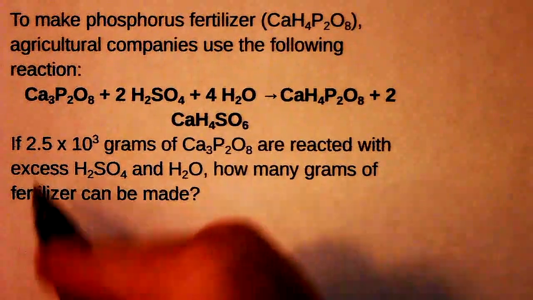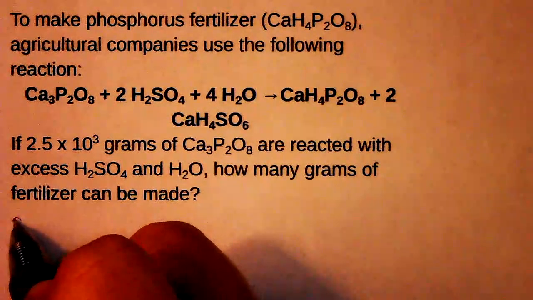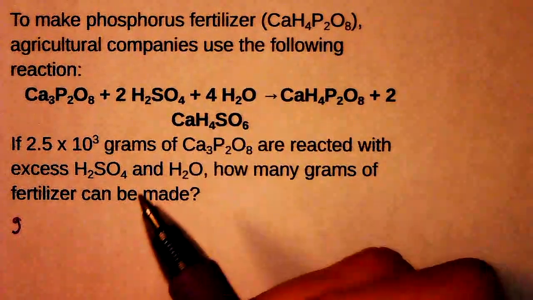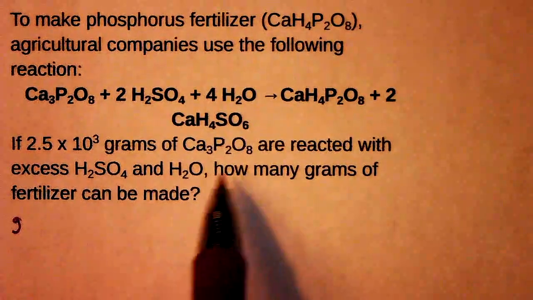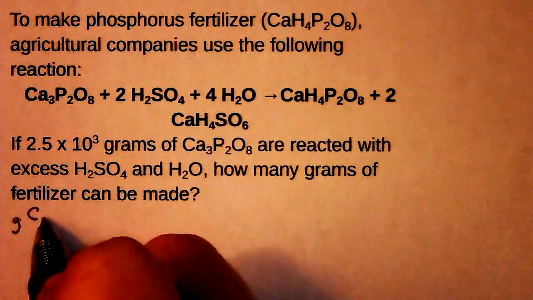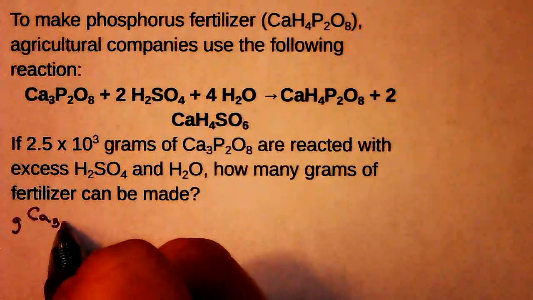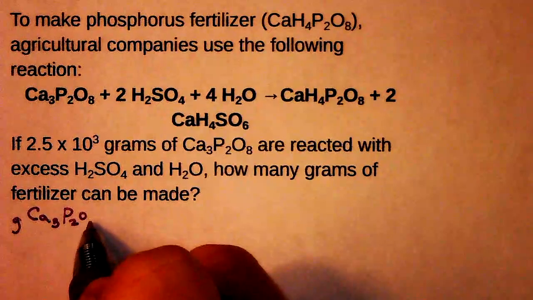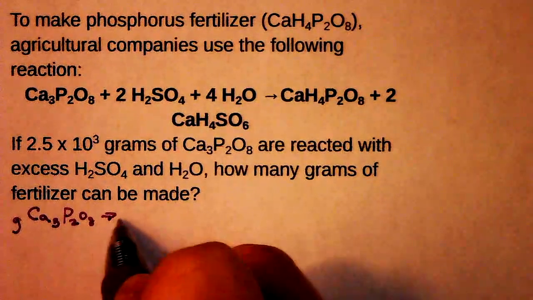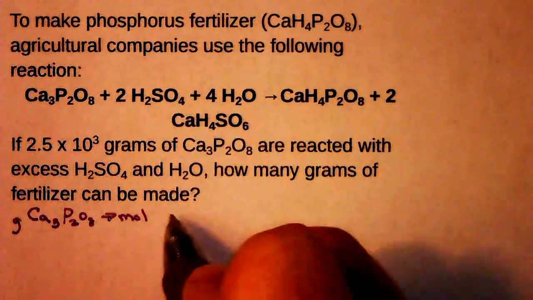When we do stoichiometry, remember, quite often they will give us grams of a starting substance. In this case, they are saying grams of Ca3P2O8. We're going to convert that into moles of that same compound.